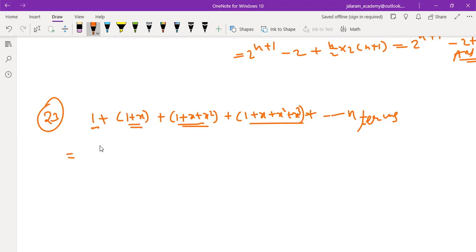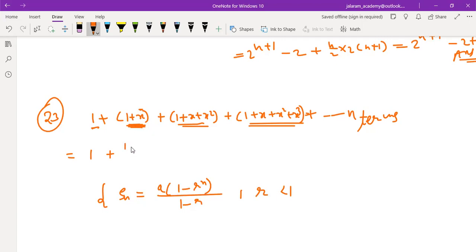So there are two methods. First, we will use the concept-based method. This 1 plus x is also a GP of two terms, and 1 has only a single term. So what is the formula for GP? We know that the sum of n terms of a GP is a into 1 minus r to the power n upon 1 minus r, when r is less than 1. So if we consider that x is less than 1, this is a GP of two terms.